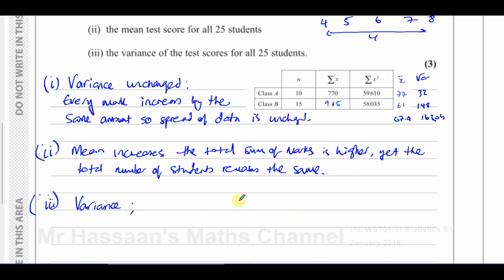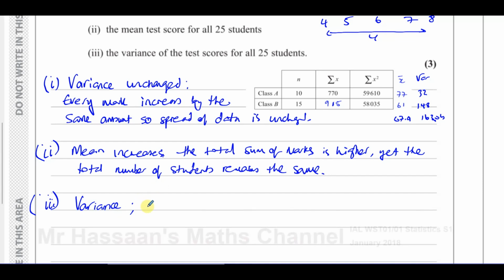The B values stay as they are, but the overall mean of both sets of data will increase, okay? Which means that the variance is going to increase because the distance between the data values that were unchanged and the new mean is going to be bigger.